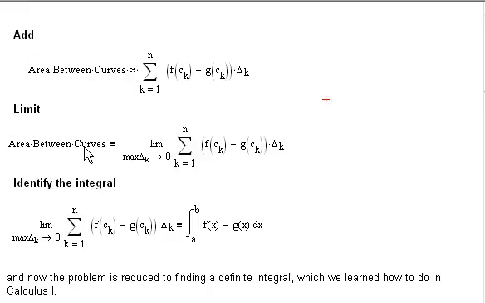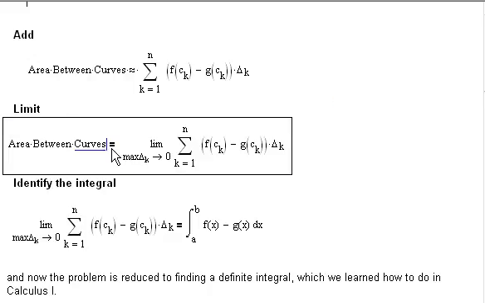However, it would be exactly equal, that's why this type of equal sign here instead of this type, exactly equal to the limit as the width of the largest of those subintervals approaches 0. If we make that happen, then the area between curves will be exactly that.